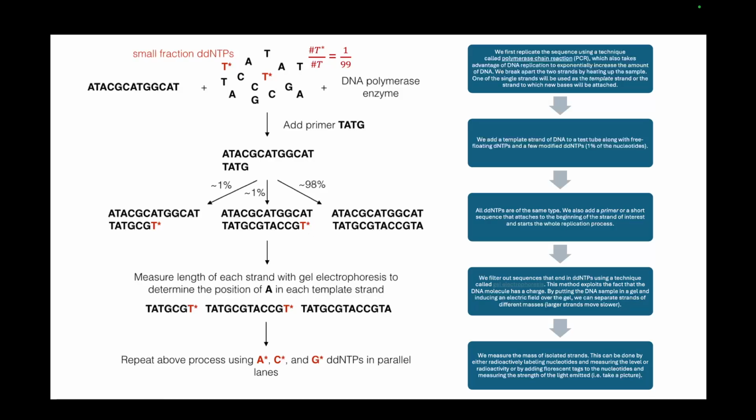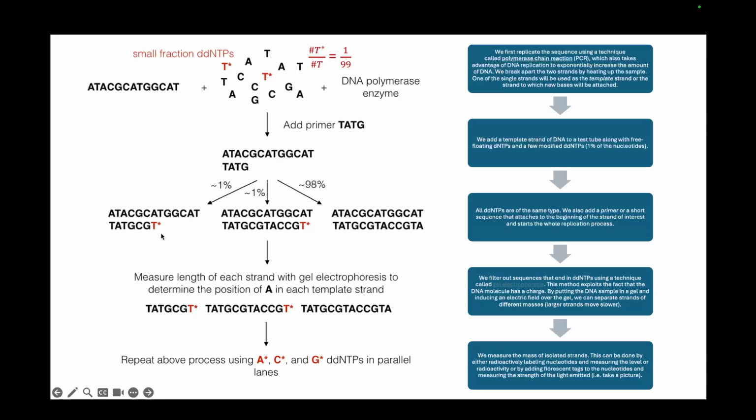Now, after you've gotten these modified nucleotide-incorporated DNA strands, you measure the length of each strand with gel electrophoresis to determine at what position the ddNTP has gone and bound.